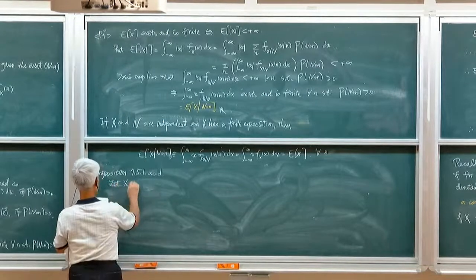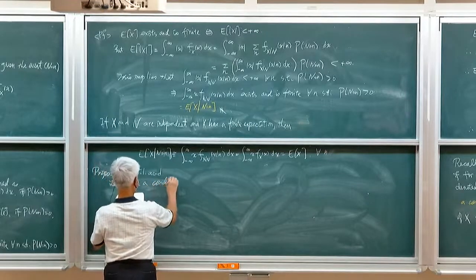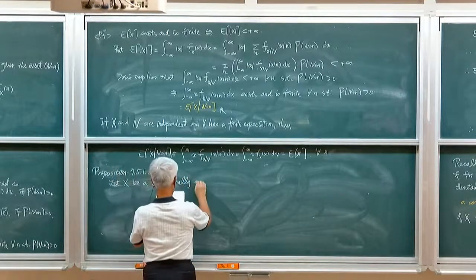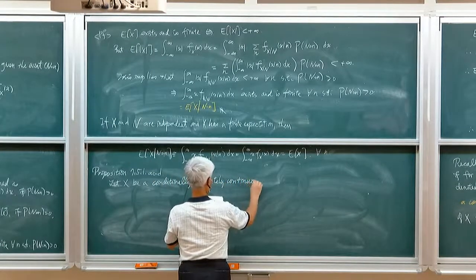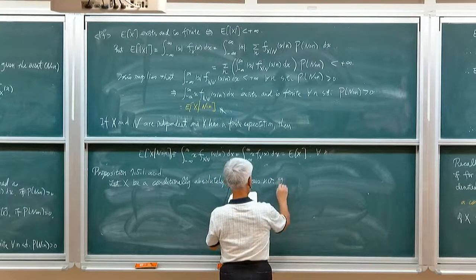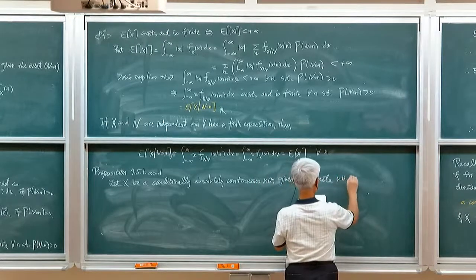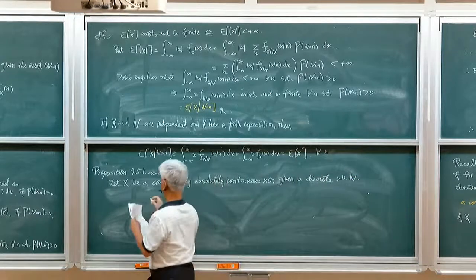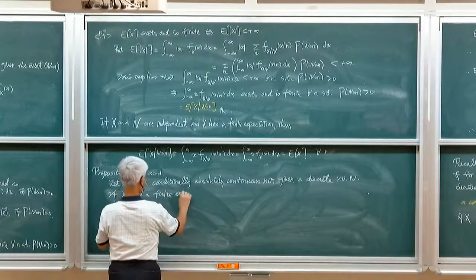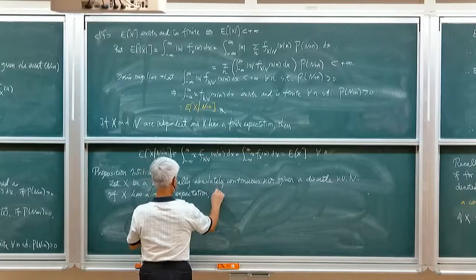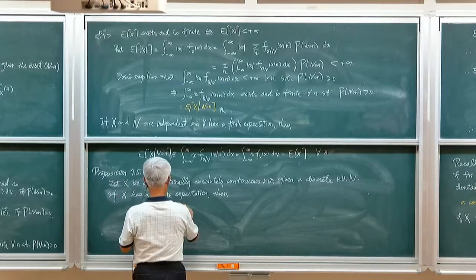Now let x be a conditionally absolutely continuous random variable given a discrete random variable capital N. If x has a finite expectation, then the expectation of x can be computed in two steps.